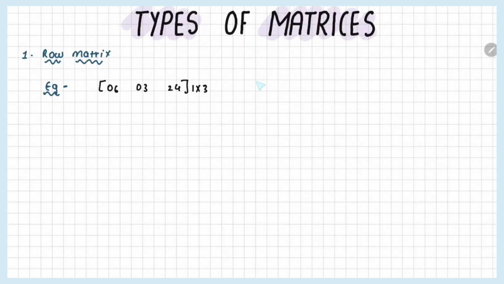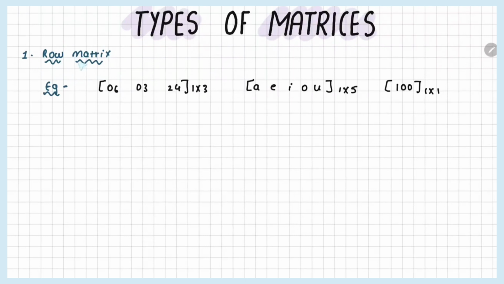I'll give you one more example: A, E, I, O, U. This is 1 into 5. And the third example is 100. This is 1 into 1. Here we can easily identify that we have only one row, but we can have many columns.